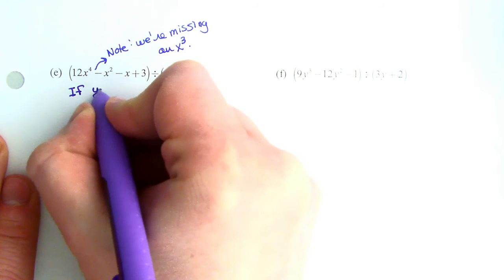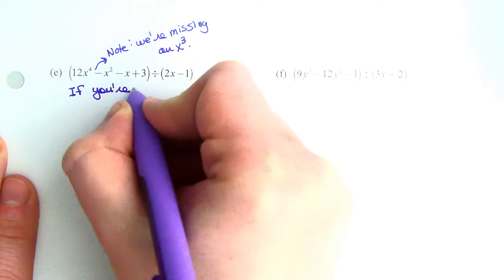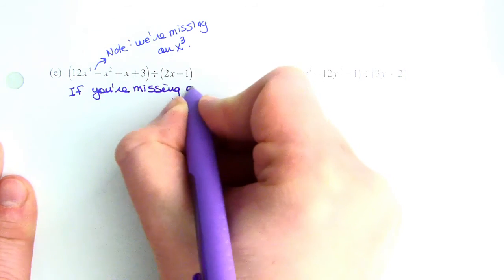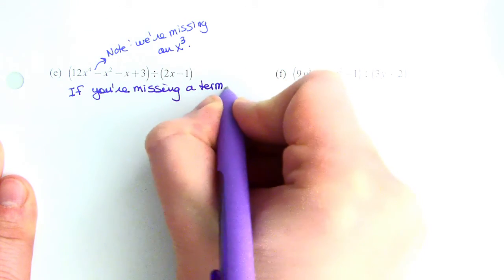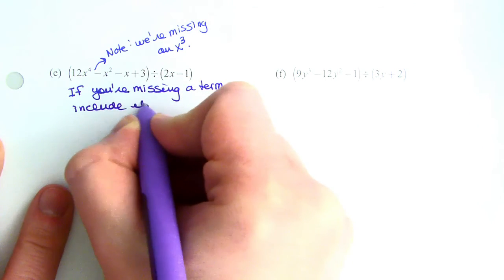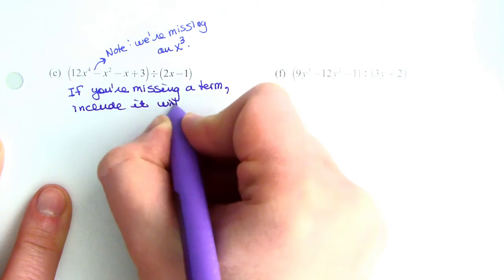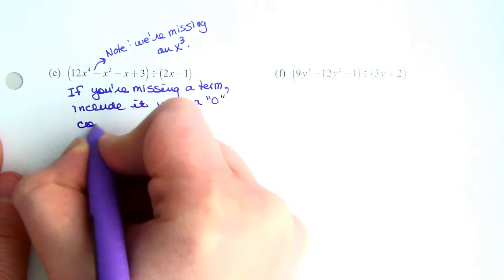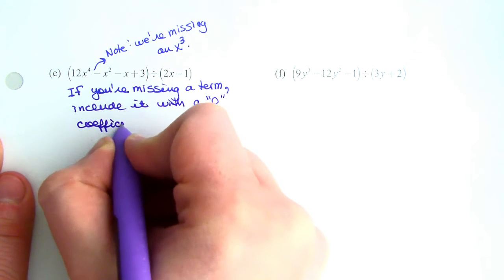If you are missing a term, we're going to include it with a 0 coefficient.